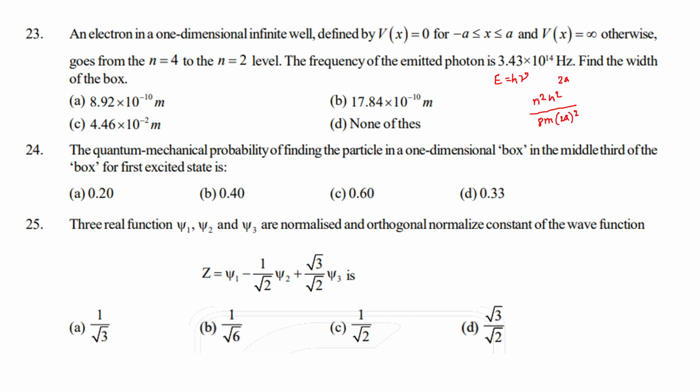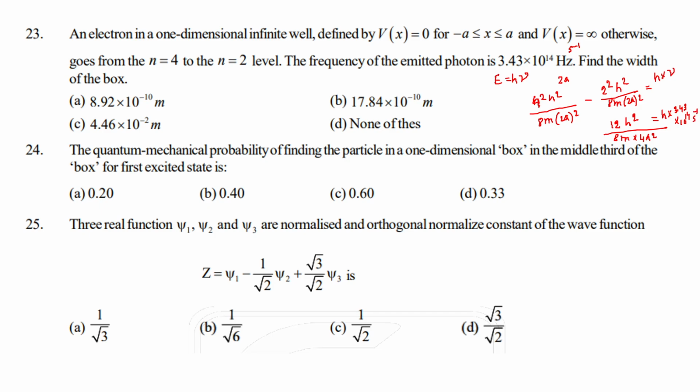So now you have to take n as 4 square minus 2 square, over 8m 2a square, that is equal to your Planck constant into this nu that is given, hertz, which is second inverse, 3.43 into 10 to the 14. Now 16 minus 4 is 12, so 12 h square by 8m into 4a square is h into that nu value, 3.43 into 10 to the power 14 hertz.